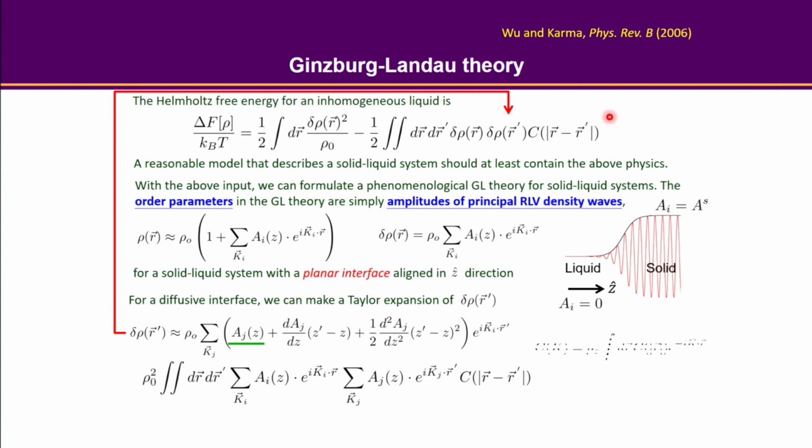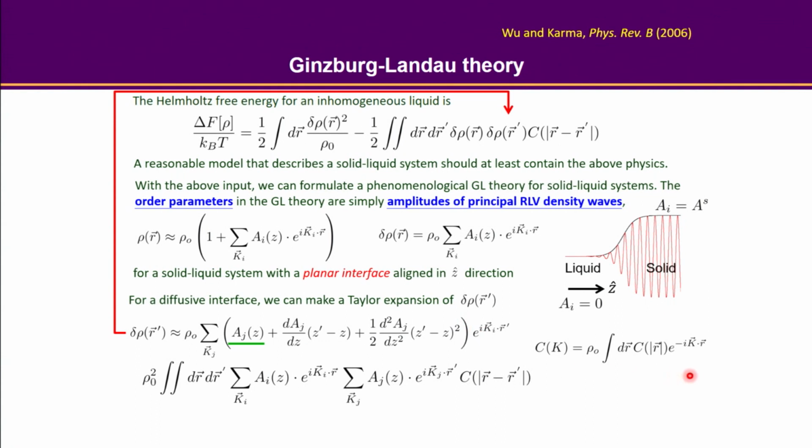Something that we can use to simplify this expression is that if we do a Fourier transformation of this correlation function, we can get its reciprocal representation. That's by definition. If you have something oscillating in space, that's C of R, you can also use the same degrees of freedom to describe that in Fourier space. That's the same thing. But by doing so, you are getting something very nice that we are going to show later.